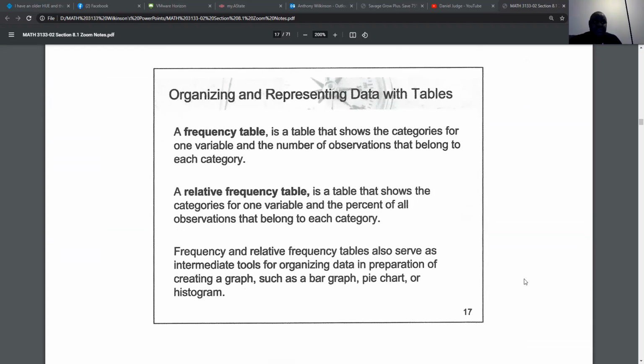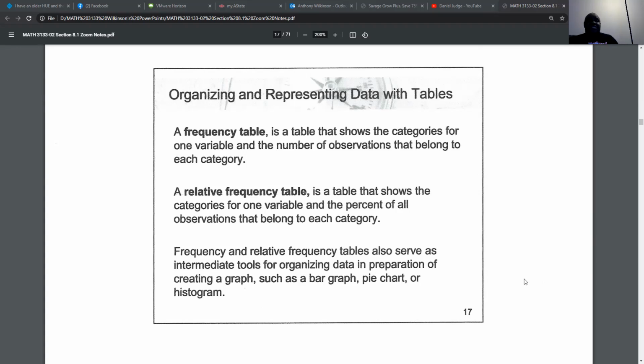Now, the other table is a relative frequency table. That will be a table that shows all the categories for one variable and the percent of all observations that belong to each category. So in a relative frequency, you're going to be dealing with a percent. The frequency table, you'll just be dealing with the counts or the number of observations for each category.